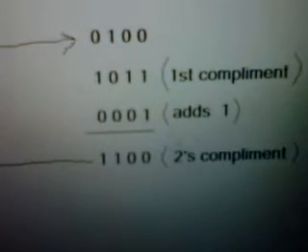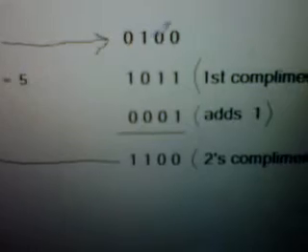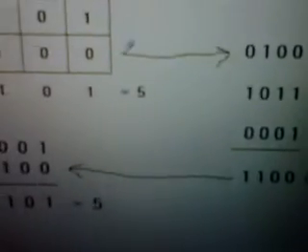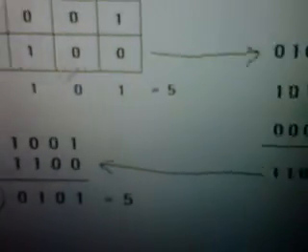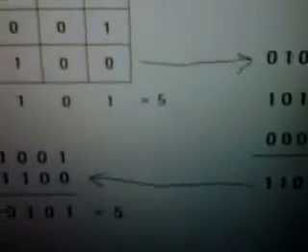Okay? Now, that number right there, 1100, is what's called the 2's complement of this number, which is number 4. So that number again, 1100, is the 2's complement of number 4, or that binary number right there, 0100, which represents the number 4.